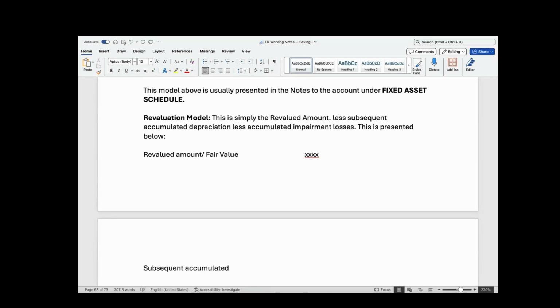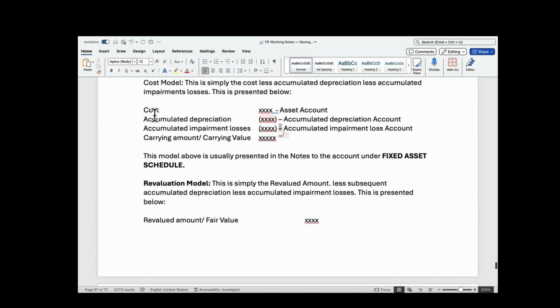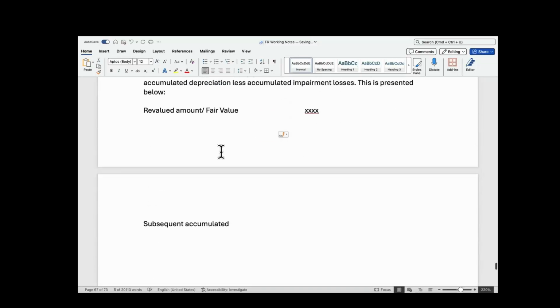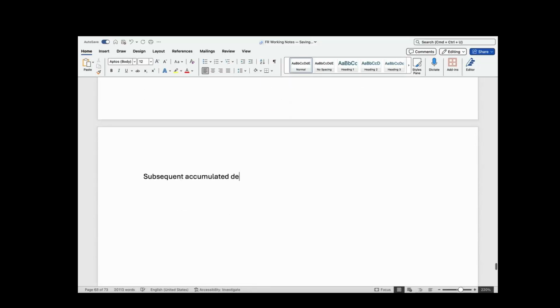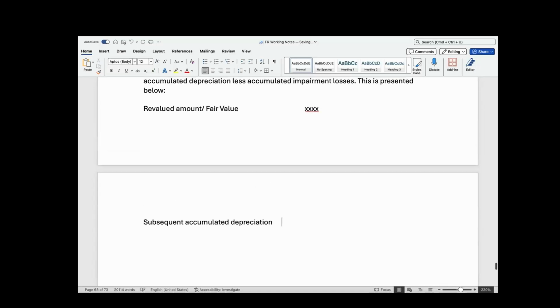accumulated depreciation. So what is really different from the accumulated depreciation? This one is called subsequent, and it's not just there as an adjective. No, it has a meaning. It's to say subsequent accumulated depreciation, which of course I would explain in a jiffy, and also accumulated impairment losses.